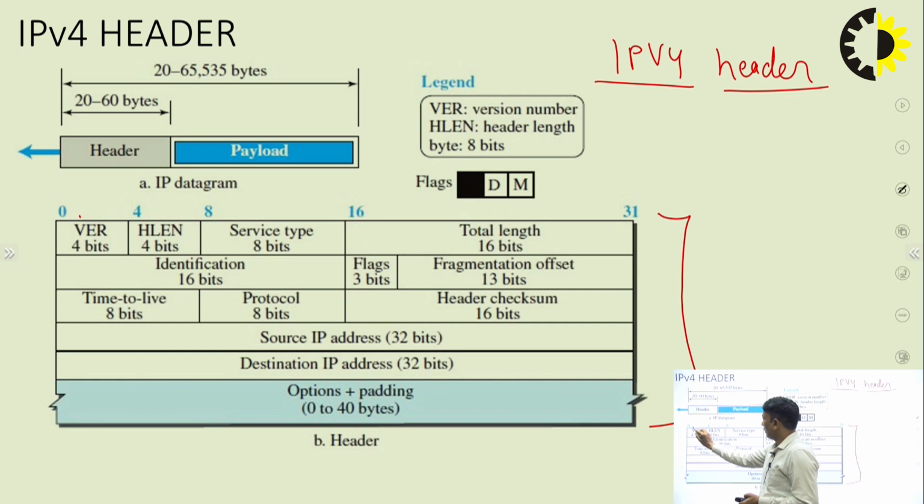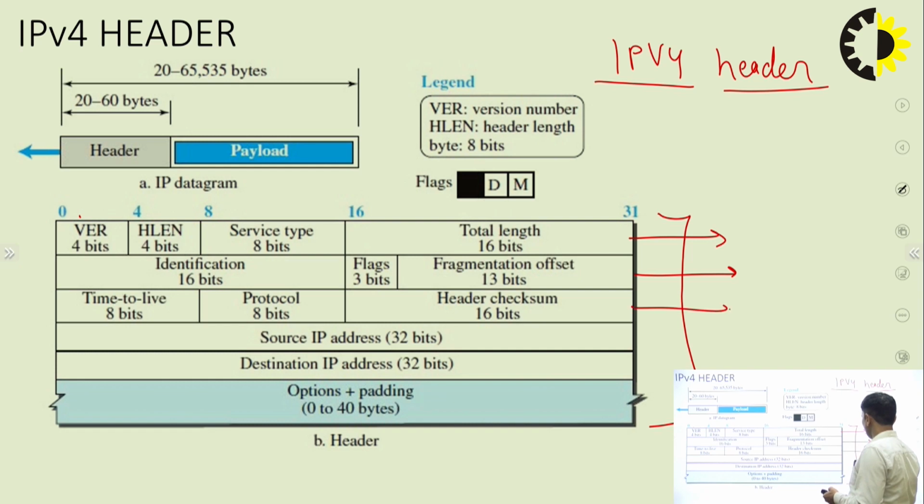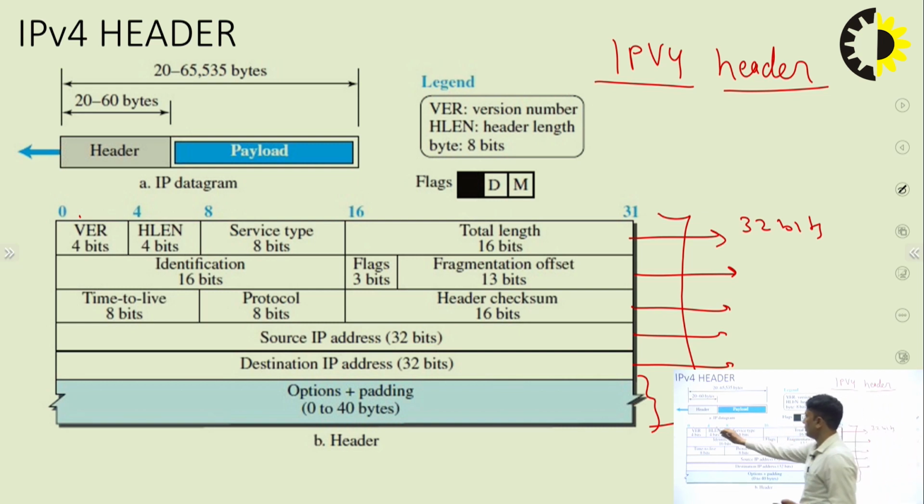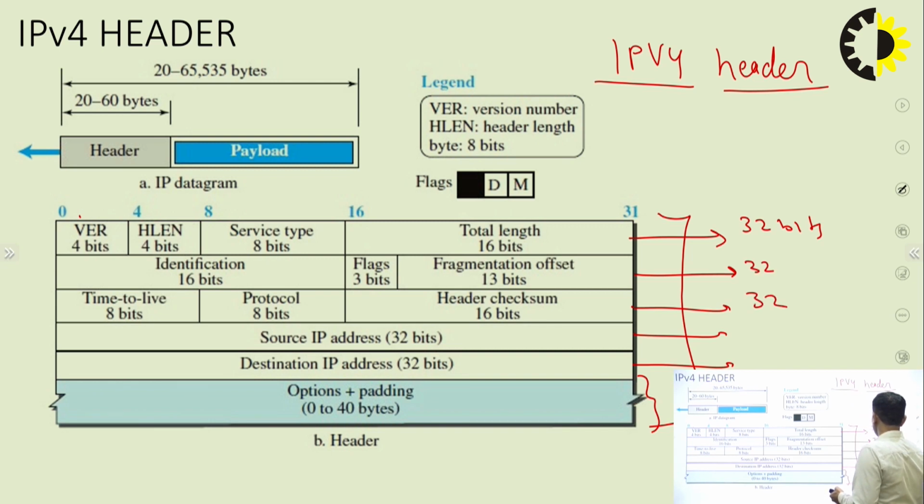We can see there are how many rows? First, second, third, fourth, and fifth row, and there is one more for options. Each row has 32 bits, from bit 0 to 31. So 32 bits means how many bytes? 4 bytes, am I right?